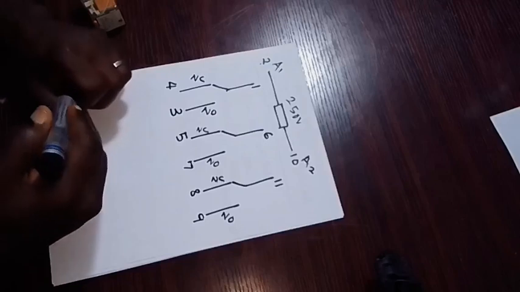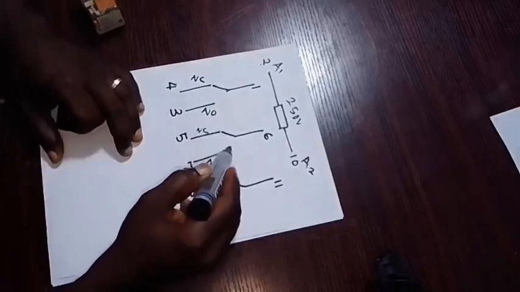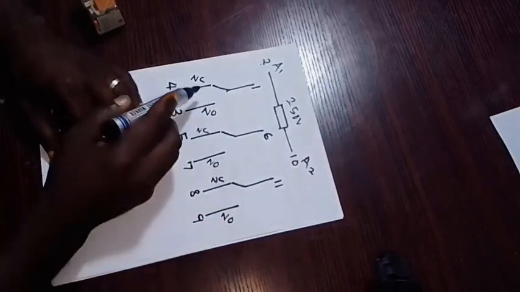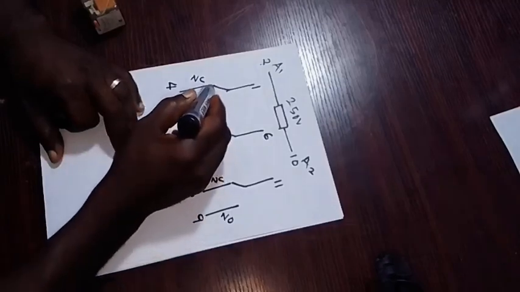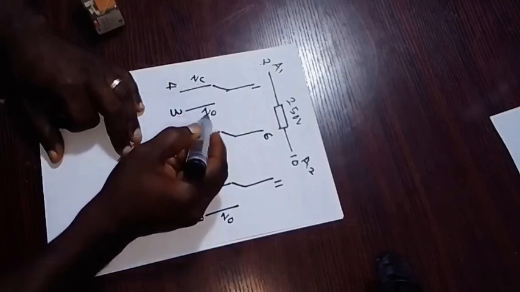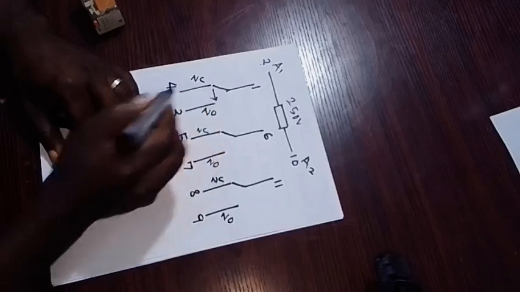When it is energized, it creates a magnetic field in the contact, thereby making the normally closed contact open and the normally open contact close. So there is a movement from this point to this point.